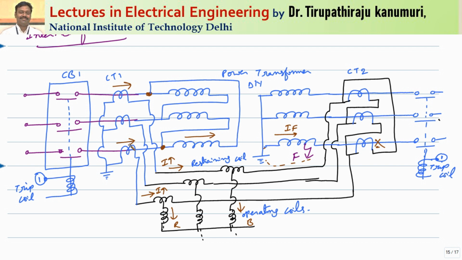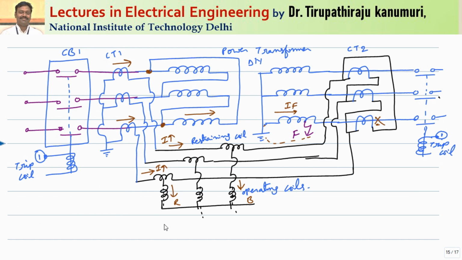So the current in these two CTs is increased, so automatically the secondary current of these two CTs is increased, whereas on this side the currents are not increased because these two phases are normal. Because of the difference in the current, the corresponding relays will operate. At least one relay will operate, it depends on the type of the fault.